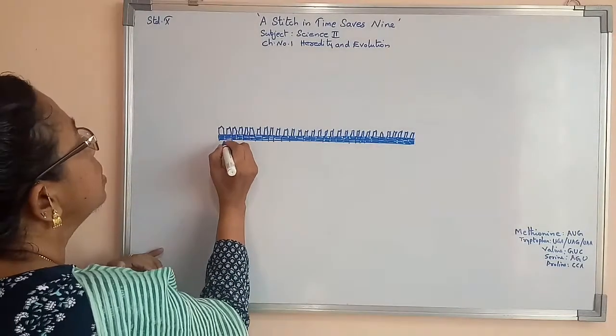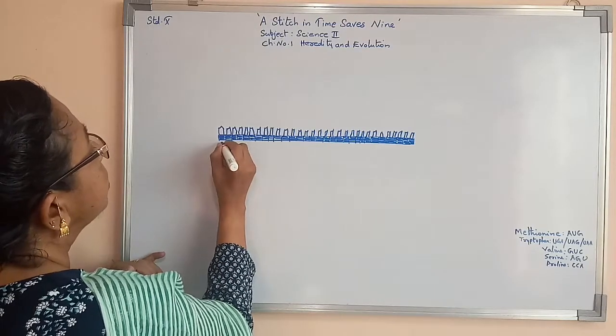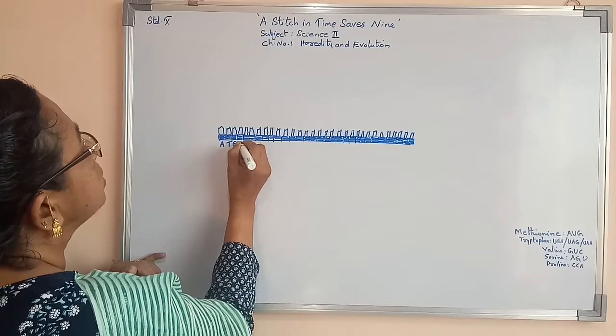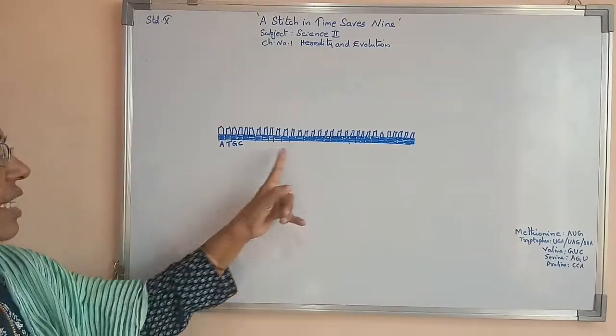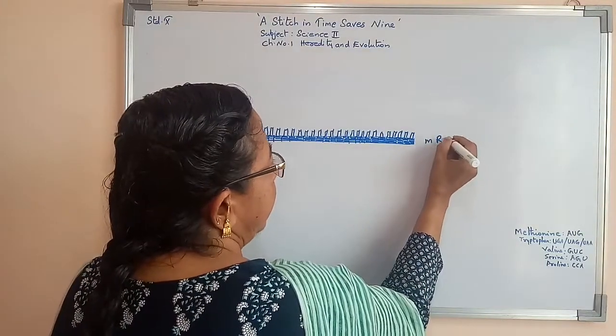So here now, in case I am writing A, T, G, C. Now here again I made a mistake, this is the mRNA.